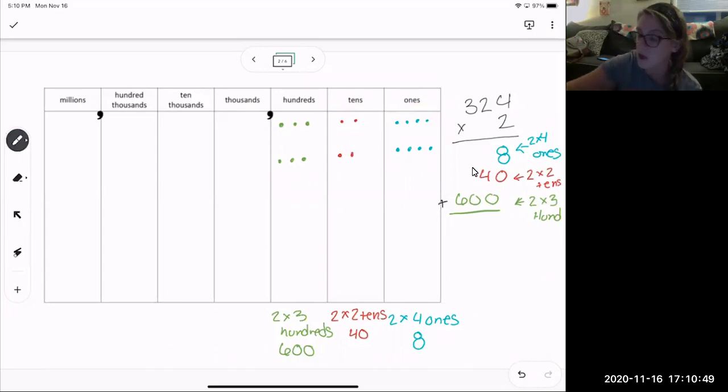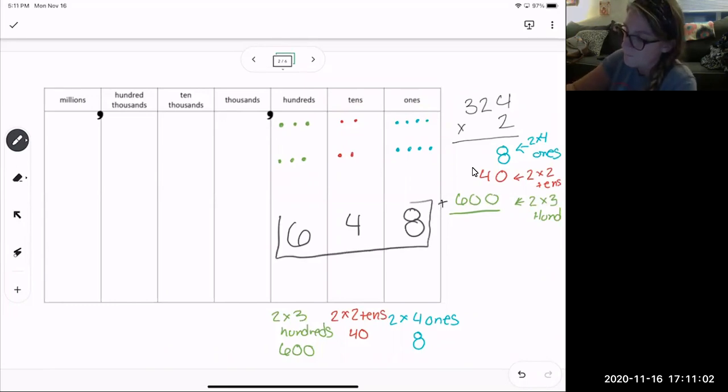So our place value chart is telling us that our answer should be 648. Okay, another way we see 648 is if we added 600 plus 40 plus 8 down here, and that gives us 648.